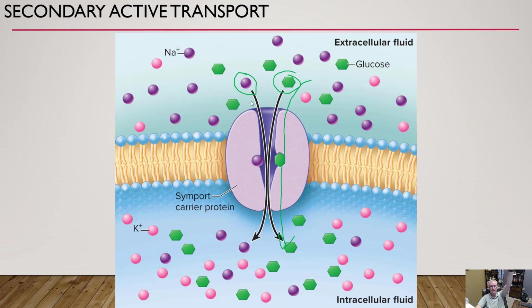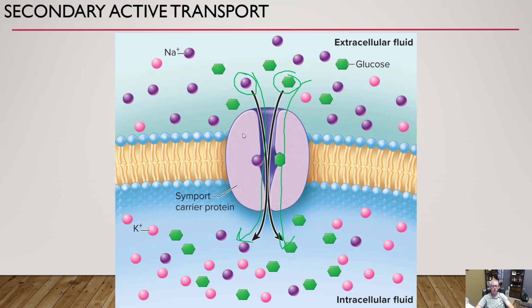Sodium, remember, has a higher concentration outside the cell versus inside the cell. So here, sodium would normally be facilitated diffusion, but we call this secondary active transport. Secondary active transport does not require ATP.